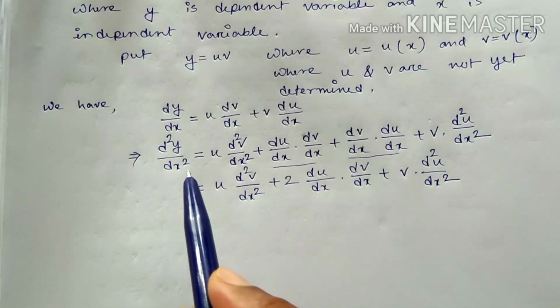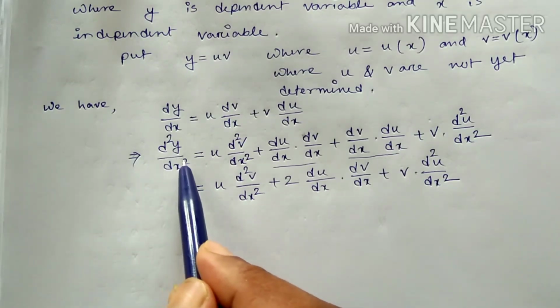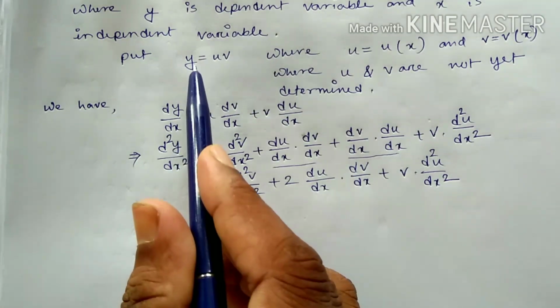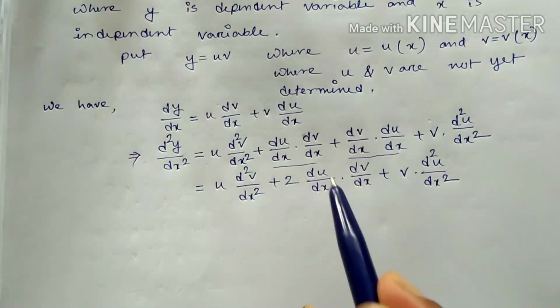Now we put the values of d2y upon dx square, dy upon dx and y in equation number 1.